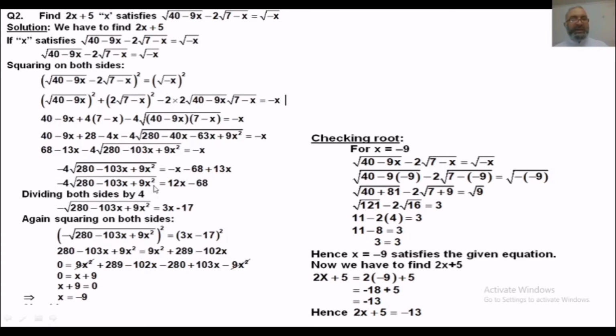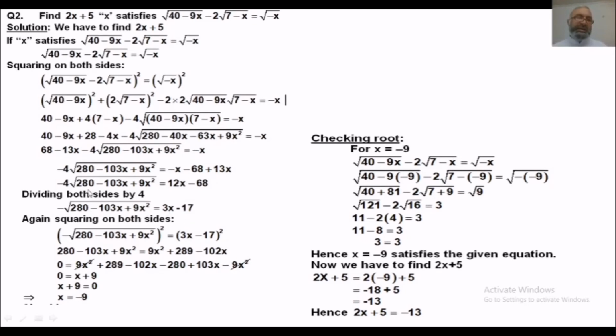Again there is 4 common to all the terms. So dividing both sides by minus 4, we get minus square root of 280 minus 103x plus 9x square is equal to, on the right side, 12x minus 68 divided by 4. 12 divided by 4 becomes 3x, 68 divided by 4 is 17.